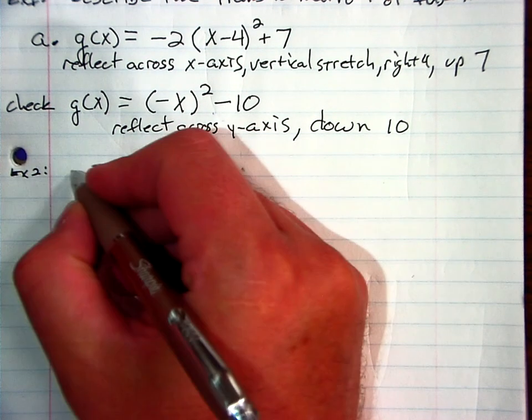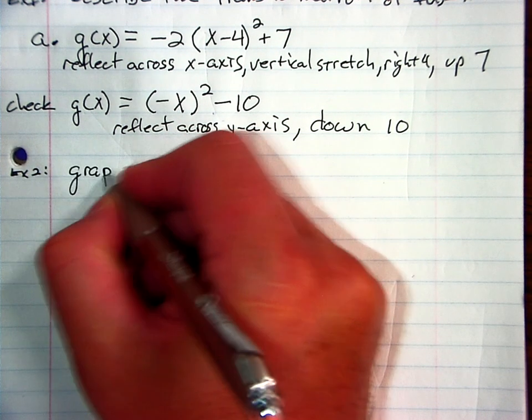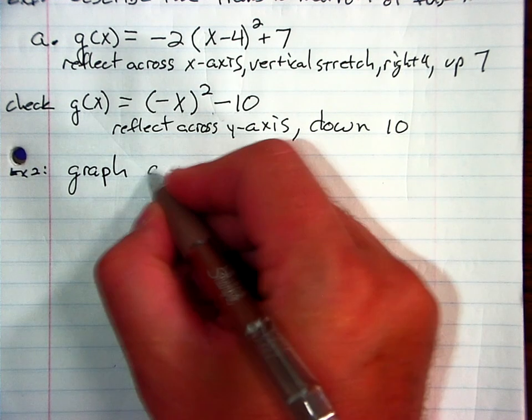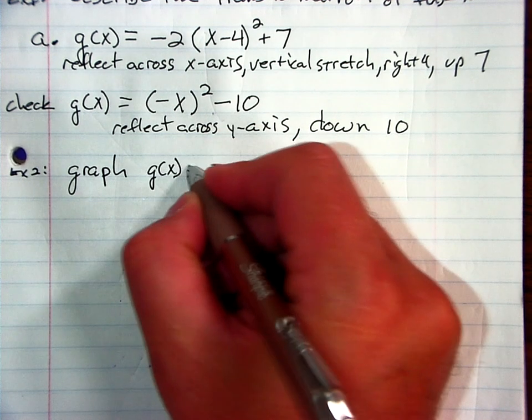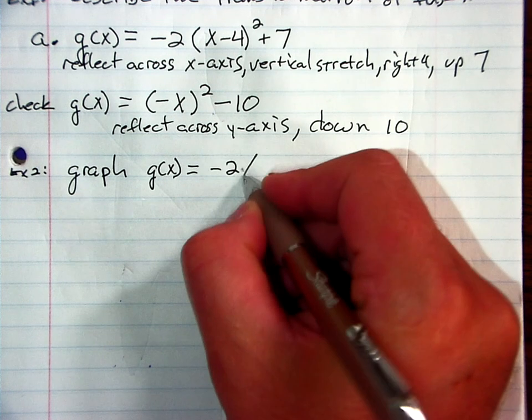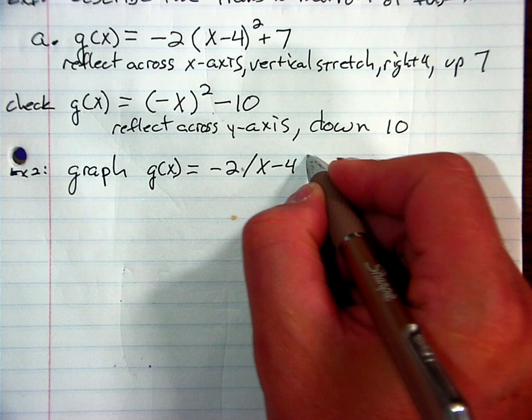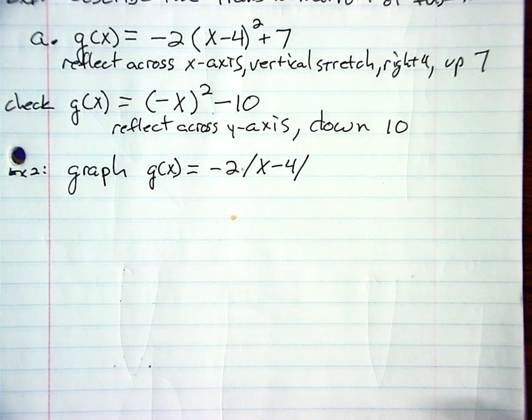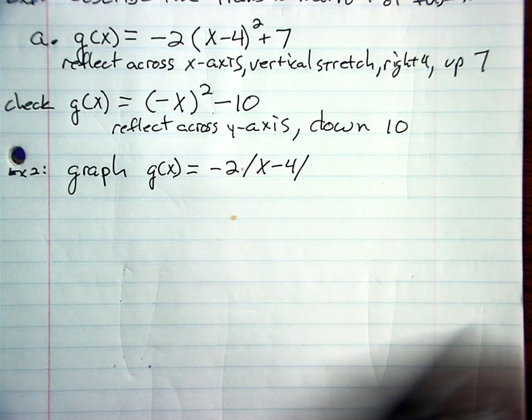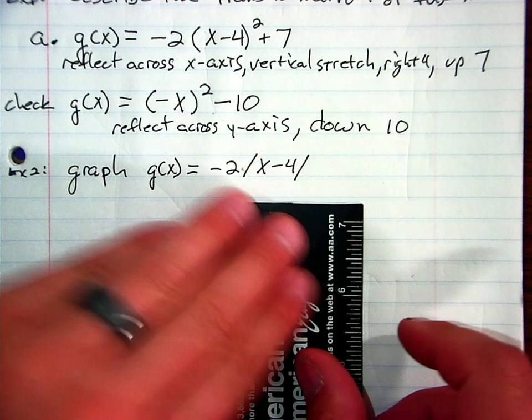All right, let's just go on. Graph g of x equals negative 2, absolute value x minus 4. In order to graph, what do we need? A graph, so please draw a graph.